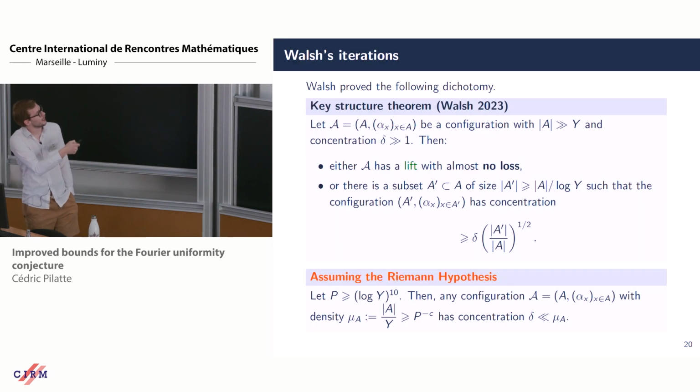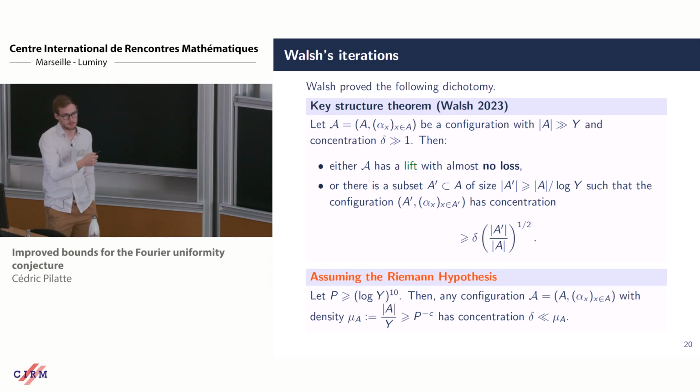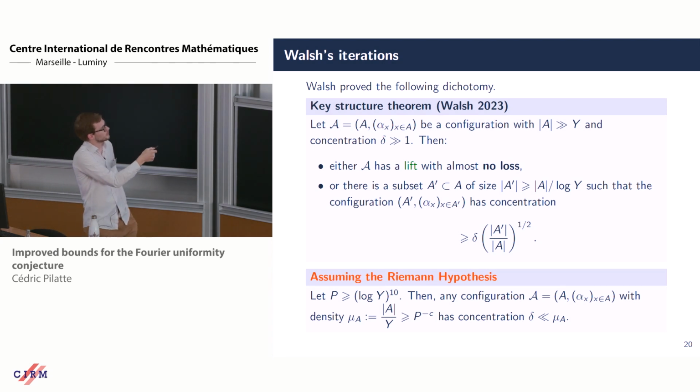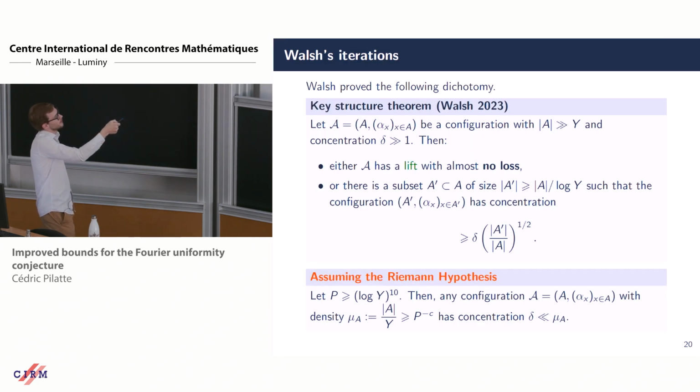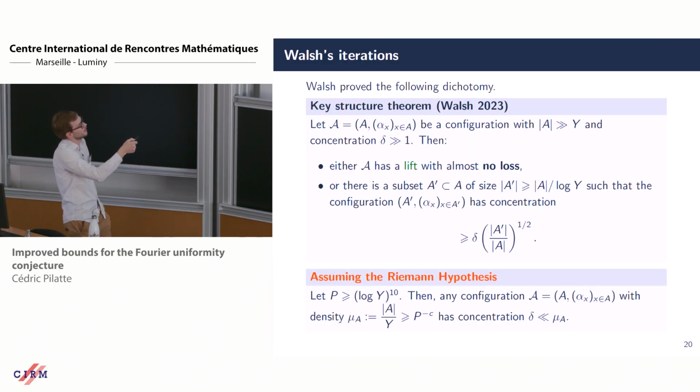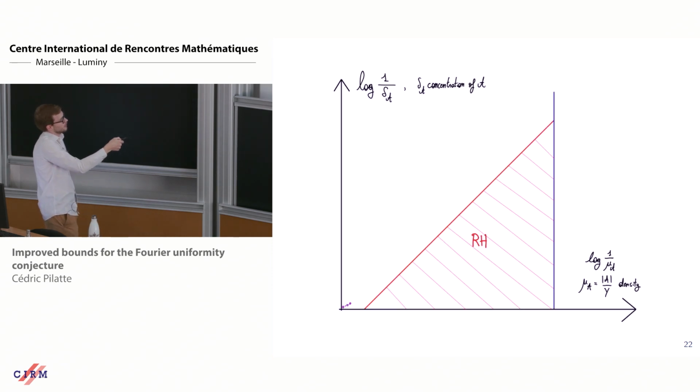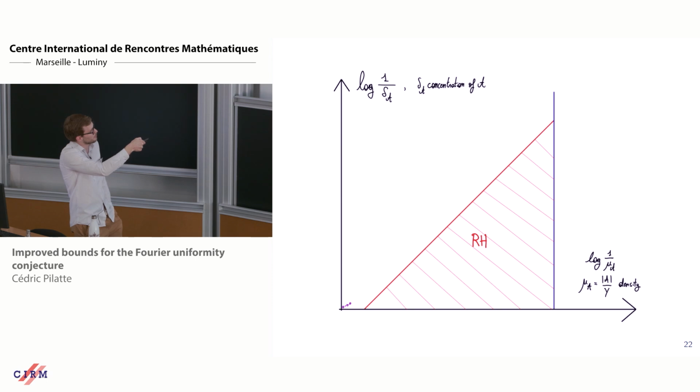And then we apply this key structure theorem repeatedly. And then we see what happens. So because of this exponent 1/2, anytime you are not in the good case, so you are in the second case, you can pass to another configuration, and your step will look like this. So you lose a little bit in density and a little bit in concentration, but importantly, the slope here is bounded by 1/2.